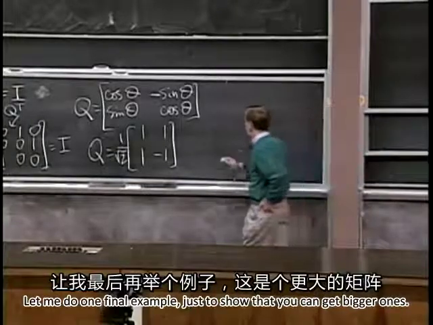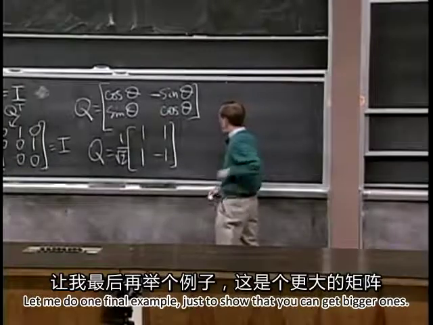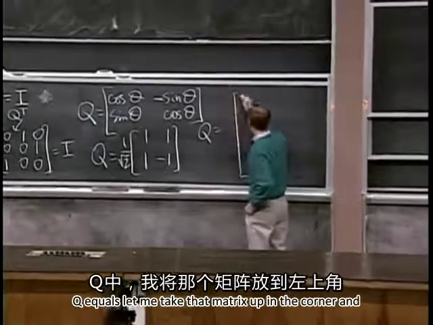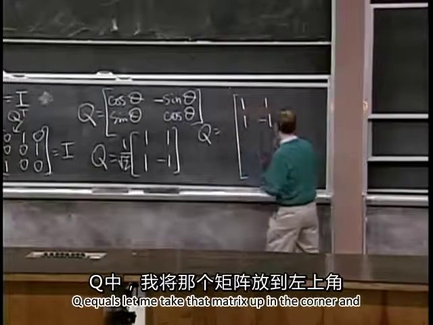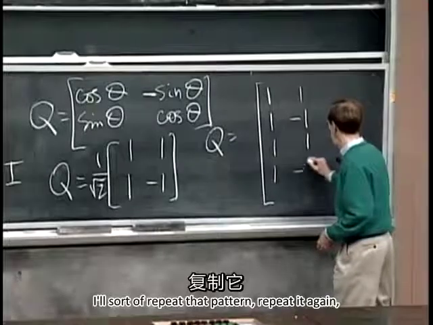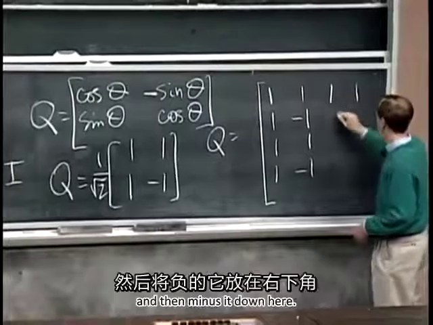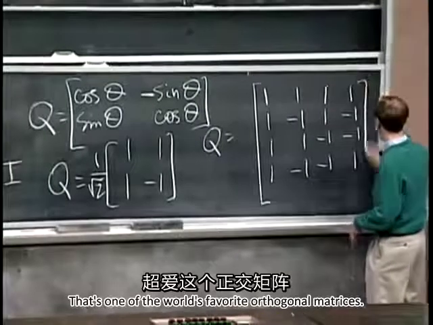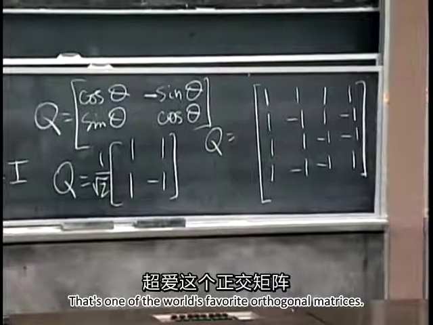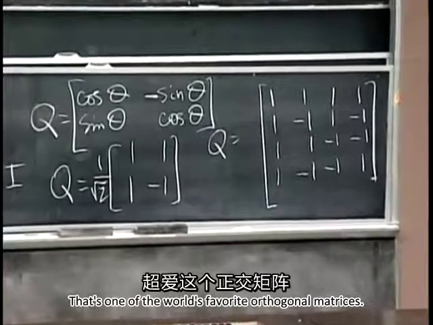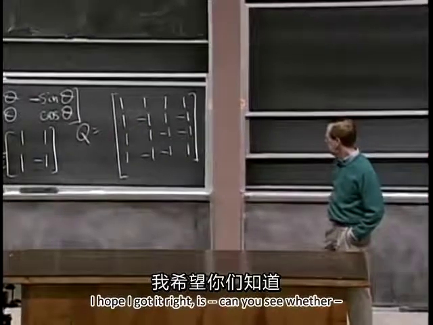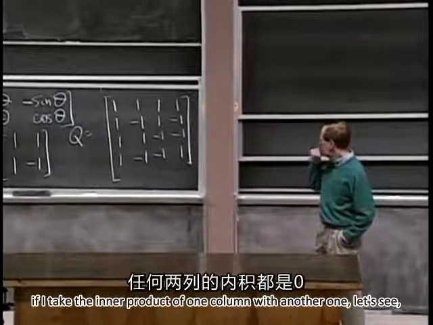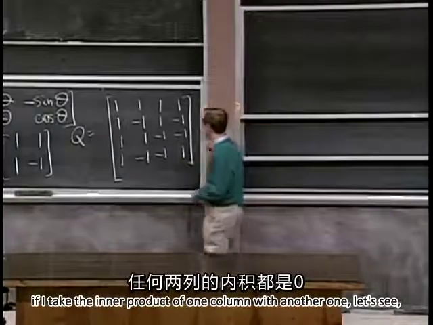Okay. Let me do one final example just to show that you can get bigger ones. Q equals, let me take that matrix up in the corner, and I'll sort of repeat that pattern. Repeat it again, and then minus it down here. That's one of the world's favorite orthogonal matrices. I hope I got it right. Can you see whether, if I take the inner product of one column with another one, let's see.